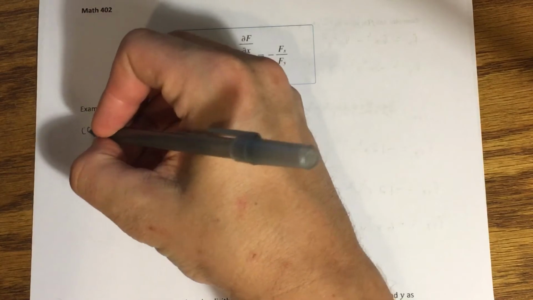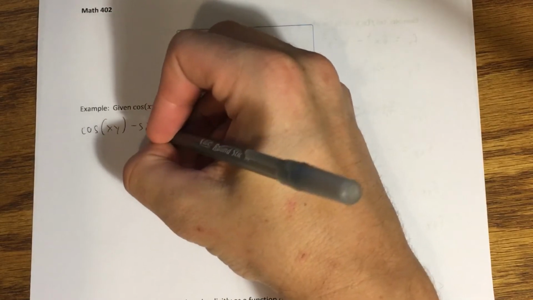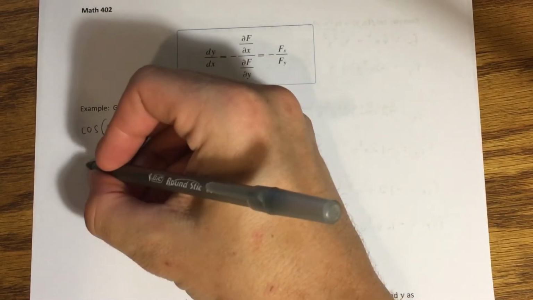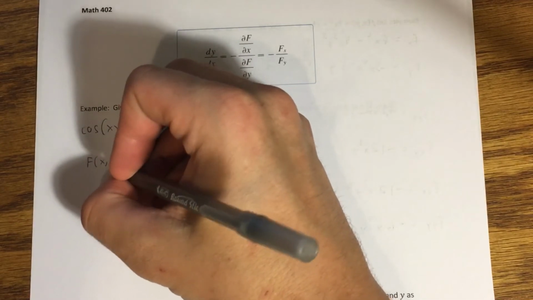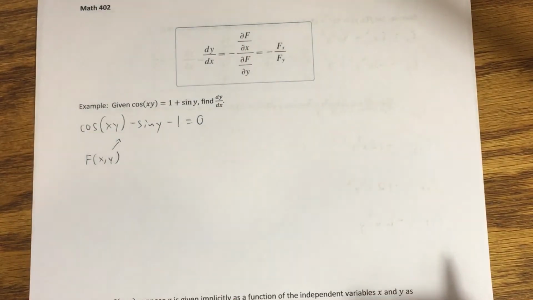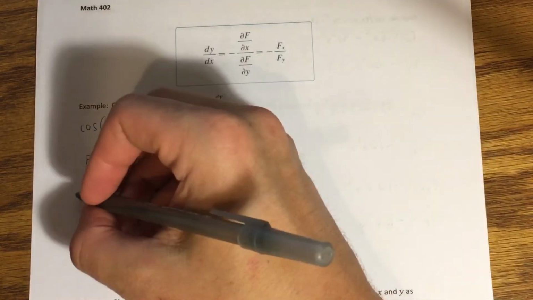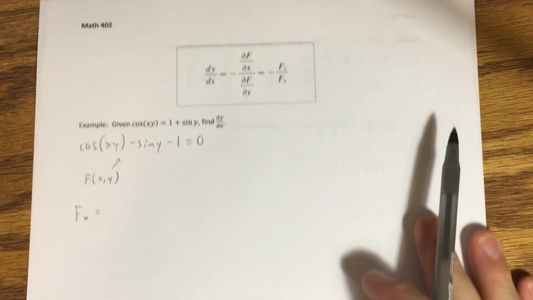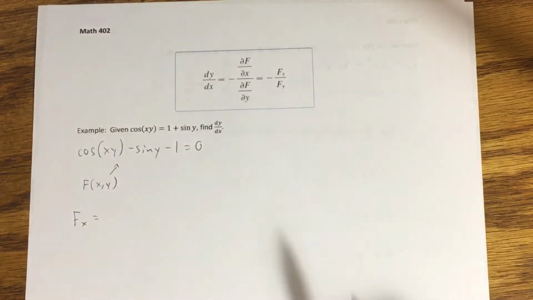So I need to start by writing cosine of xy minus sine of y minus 1 equals 0. And this is the thing that I'm going to call f of x, y, just the stuff on the left-hand side. So if that's f of x, y, then what is fx?